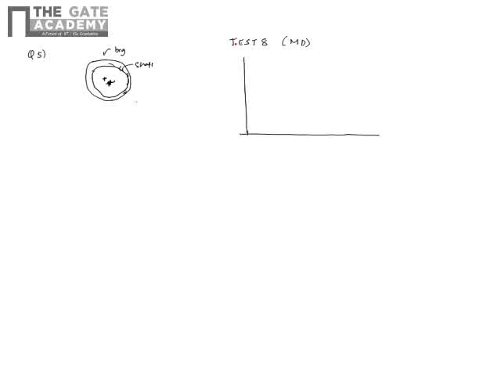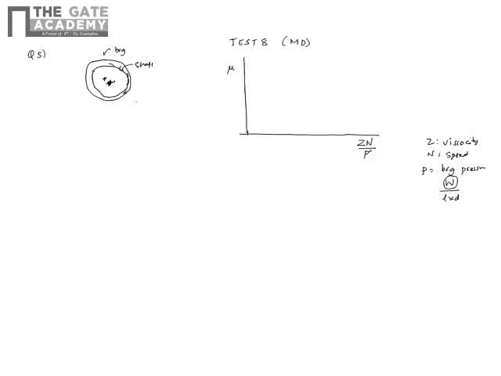What they observe is that the coefficient of friction depends on one non-dimensional parameter, ZN by P, where Z is viscosity, N is speed in RPM, and P is the bearing characteristic pressure, which is nothing but load divided by length times diameter.